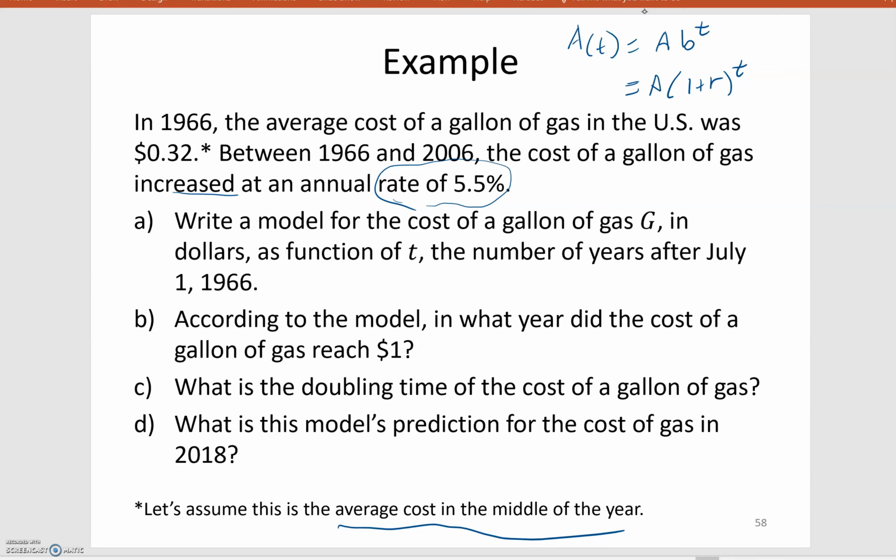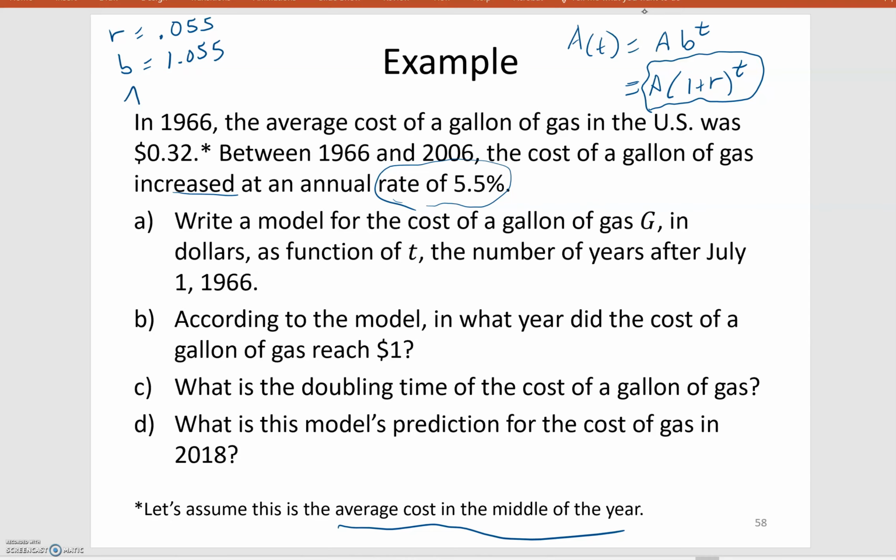In this case, this is the form that's most useful because I'm given an R value. So if R is 5.5%, then R is going to be 0.055. Therefore, B is 1.055.